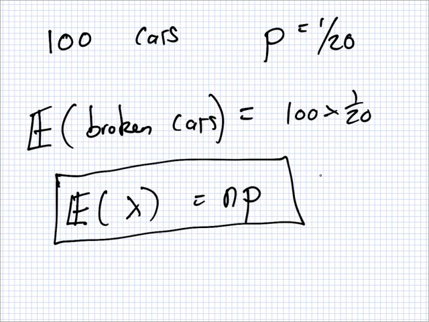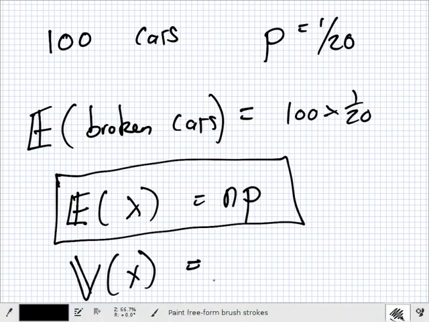If I have 12 eggs and probability is 1/12 that it's broken, in 12 eggs, how many should be broken? 1. I mean, it makes sense. What maybe doesn't make sense is what might be the formula for the variance. I don't know if anybody knows it. Oh, so close. npq.